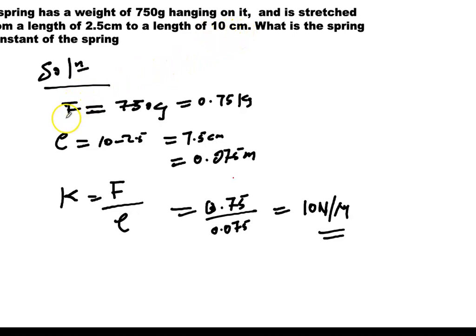Again, we have F for the force to be 750 grams, which is equivalent to 0.75 kg, and the extension, which is 10 minus 2.5, because the length stretched from 2.5 to 10 centimeters. The extension should be 7.5 centimeters, equivalent to 0.075 meters. And putting that in the equation, K equals F over E, that should come out as 10 newtons per meter. Hope this helped.